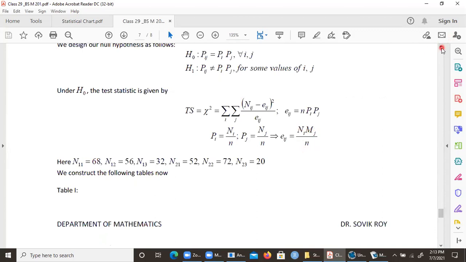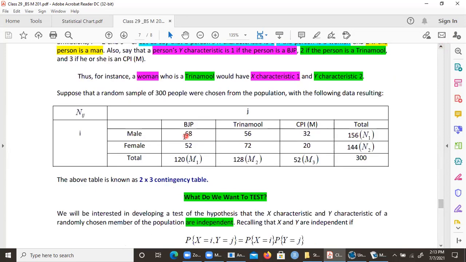Now you see, if I want to calculate Eij corresponding to this row, what I need to do is the following. This 68 is the value of N11. Now suppose I want to calculate E11.